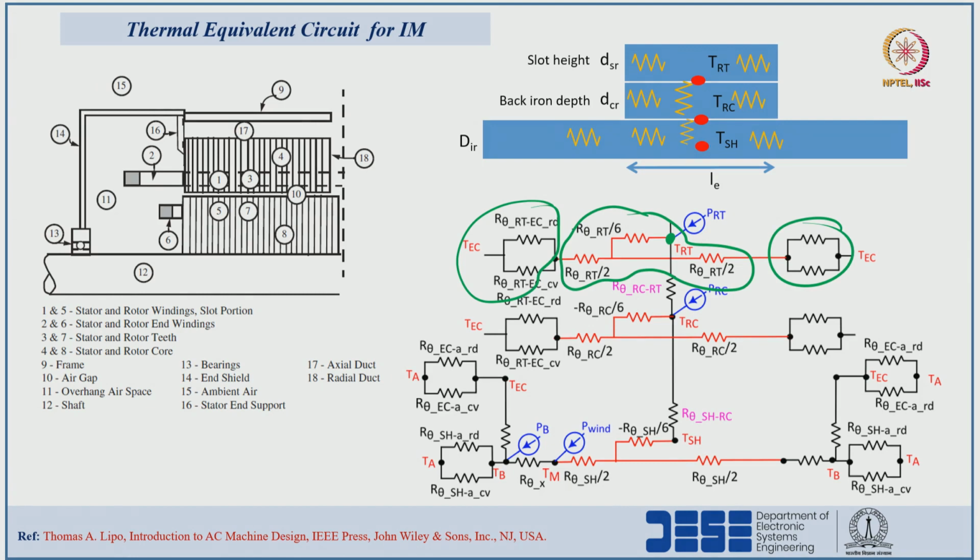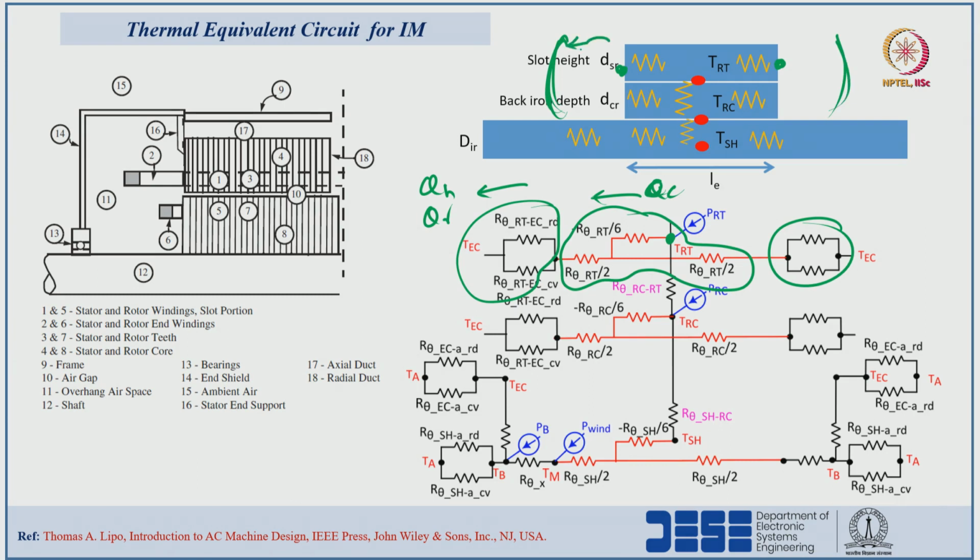In the rotor teeth, axial direction conduction based heat transfer is happening, here conduction QC, and here the heat flow is by convection as well as radiation. Let us say this is the rotor teeth, and the end cap will be there on both sides.